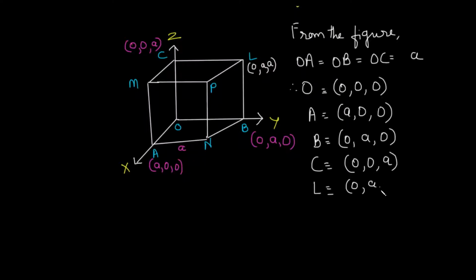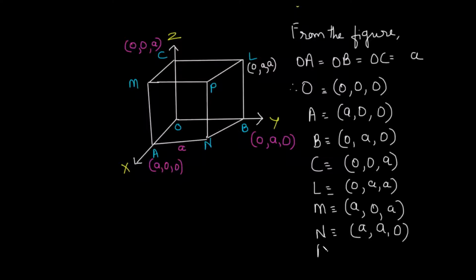So 0, A, A. Similarly, M. Now observe M. M lies along the XZ plane. So the coordinates of M are A, 0, A. Similarly, N lies along the XY plane and therefore the coordinates of N become A, A, 0.